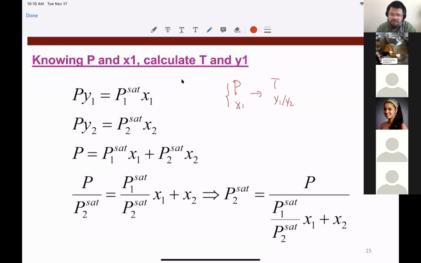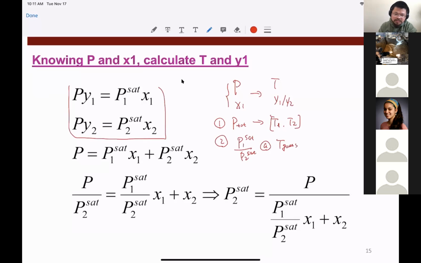So it's still the first step, using the P total, try to figure out T1, T2, the temperature range. Secondly, we need to reorganize. We need to somehow figure out the P1 sat, P2 sat at the initial guess, right? So over there, if we start with the general equation, this time we know x1, x2.